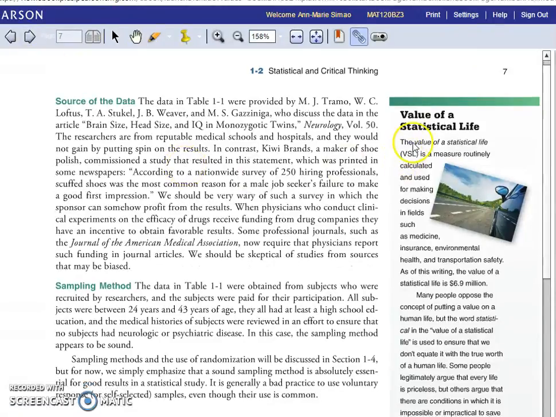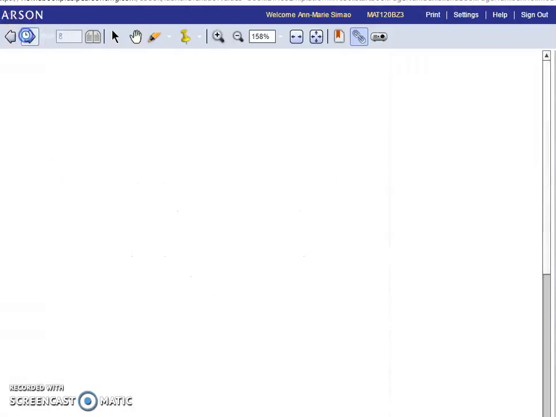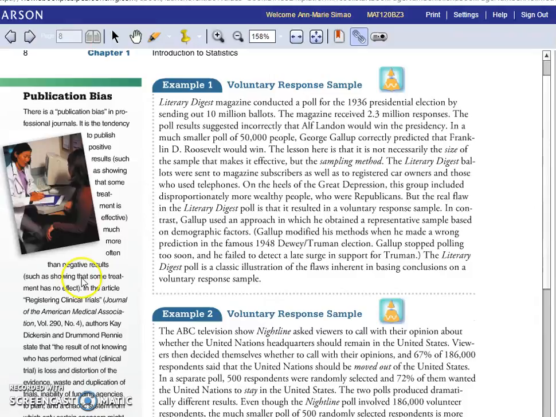And if I go through again, value of statistical life, there's another definition. But then over here, look what I see: publication bias. There's a publication bias in professional journals. It is the tendency to publish positive results, such as showing that some treatment is effective, much more often than negative results. So you see how on the left here, I found my definition of bias.